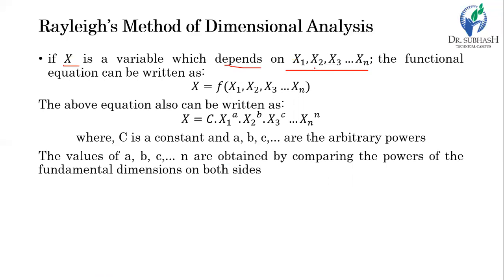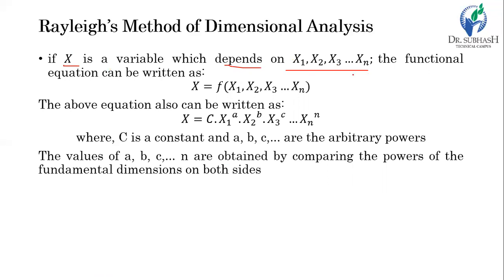Same way, variation of x2 results in the variation of x. Same way, any variation of x3 will result in the variation of x. But x cannot vary by itself, or it cannot vary spontaneously. For its variation, it has to depend on these parameters.